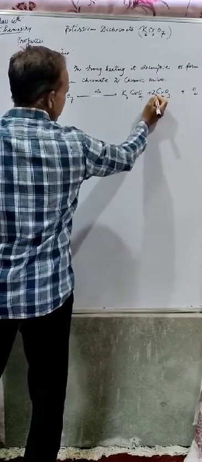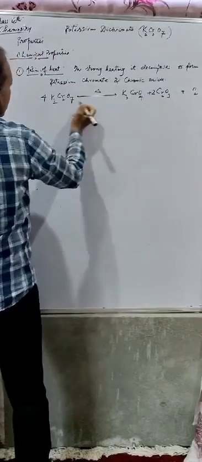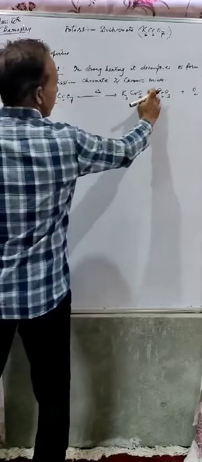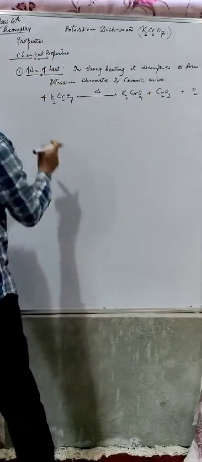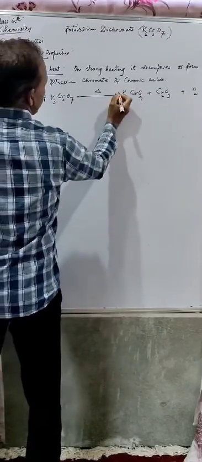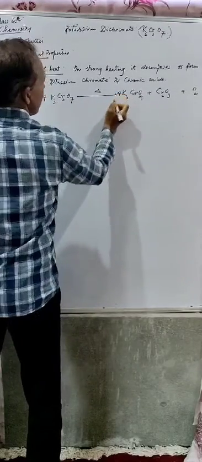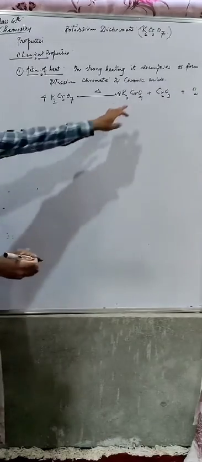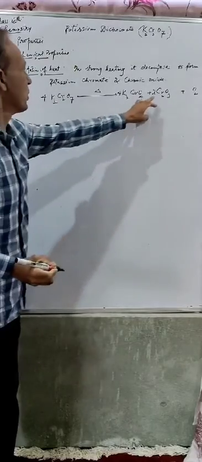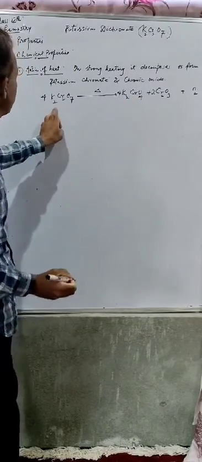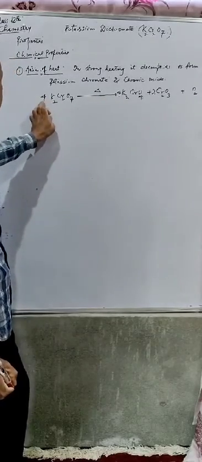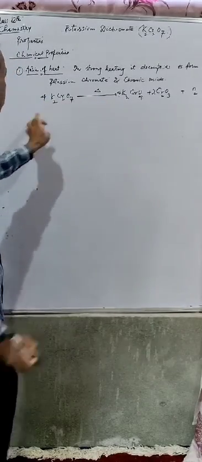4 times Cr, so we are taking 8 times Cr. 4 times K2CrO4, it becomes 4 times, now we will multiply it by 2, it is 4 times 4 plus 4, 8 times K. Now 4 sevens are 28, 28 times oxygen.